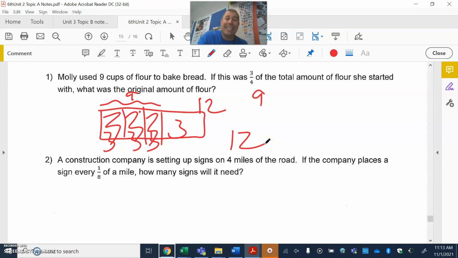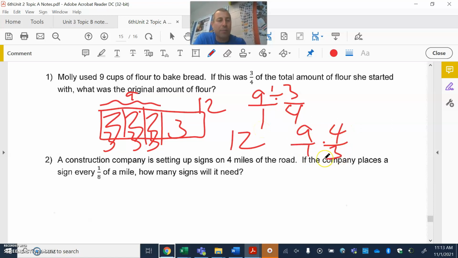So again, what is the division problem? I know you're dying to know. All right. But we're actually taking the 9 and we're dividing it up into 3/4. So watch what happens here. I'm going to make it into a fraction. We're going to multiply by the reciprocal.